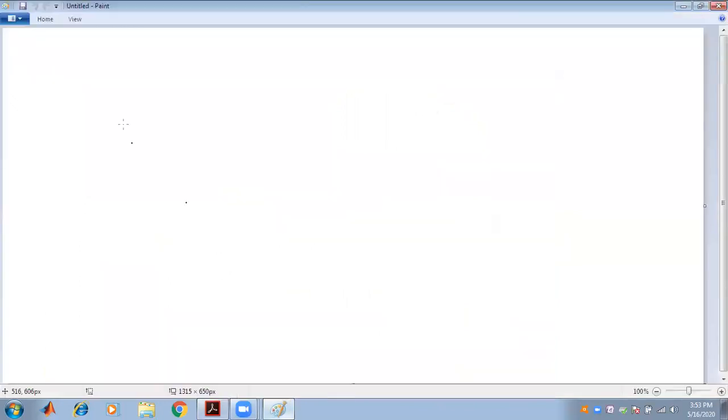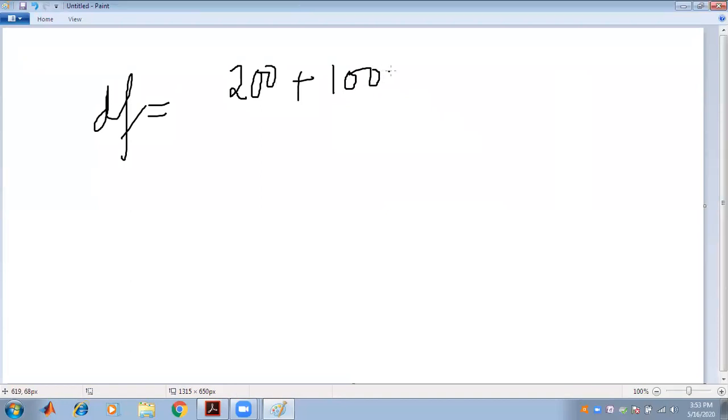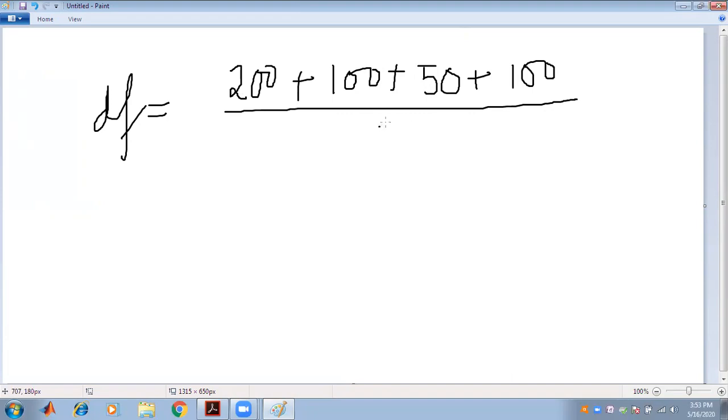Okay. So what is the diversity factor? The sum of the individual demands means 200, it is clearly given in the mathematical problem, plus 100 plus 50 plus 100, divided by the maximum demand, 350.